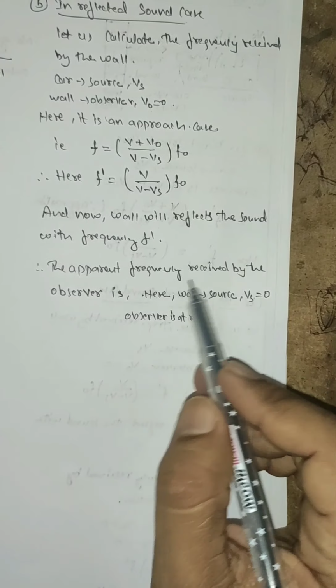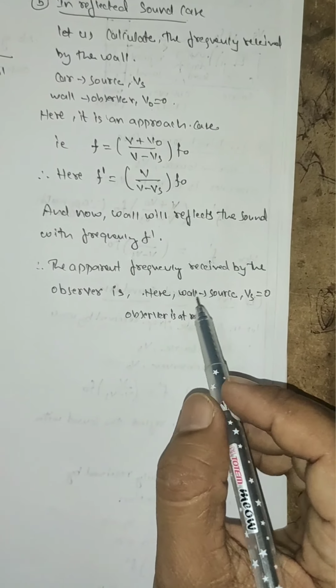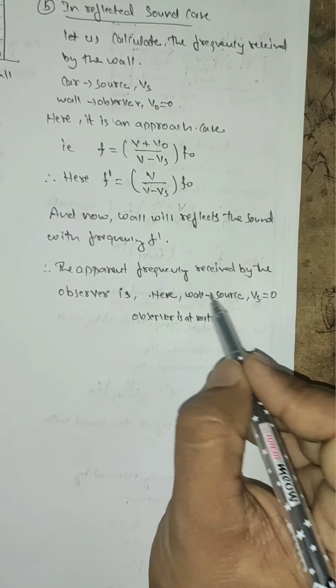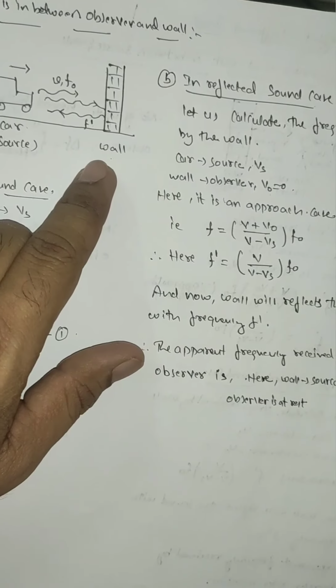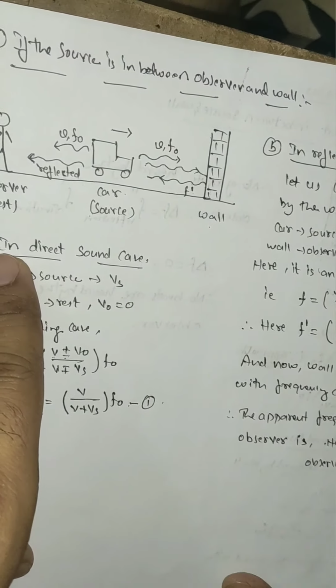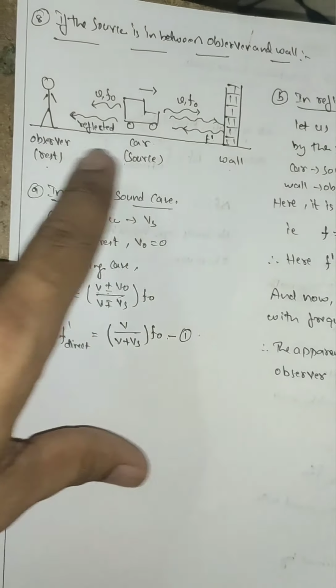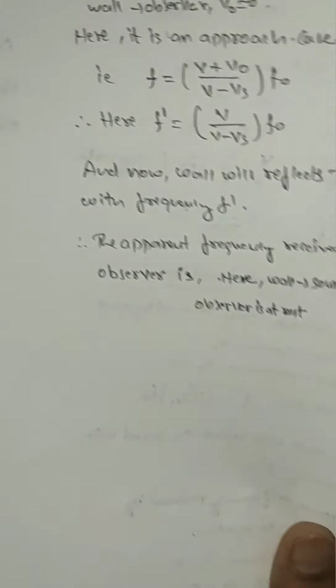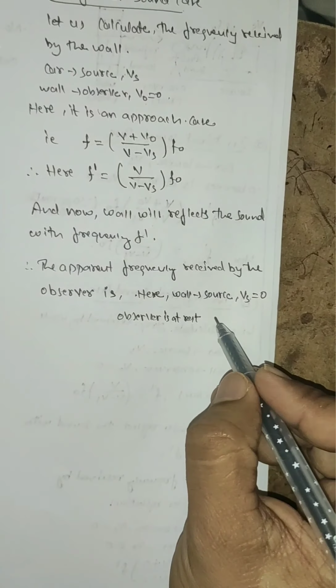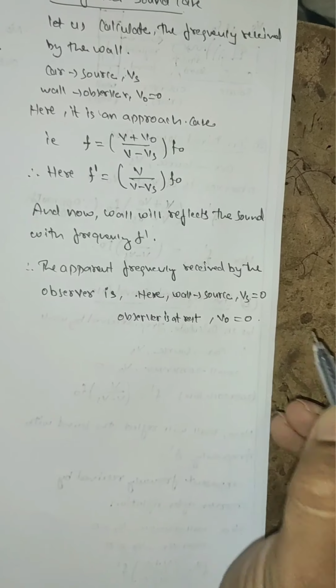the apparent frequency received by the observer is, here the wall will be the source, and the observer is also at rest. So the observer at rest means V naught value is equal to 0.